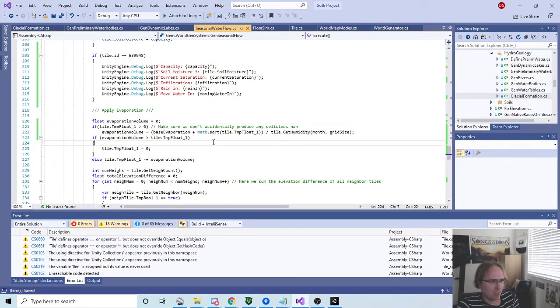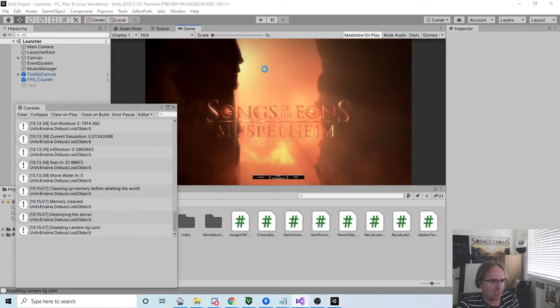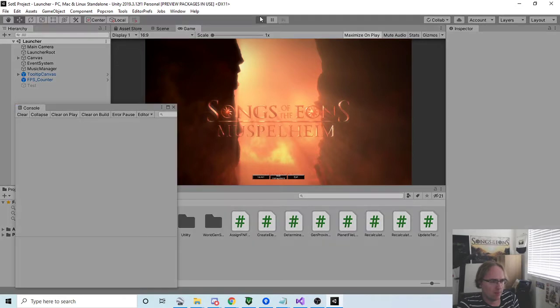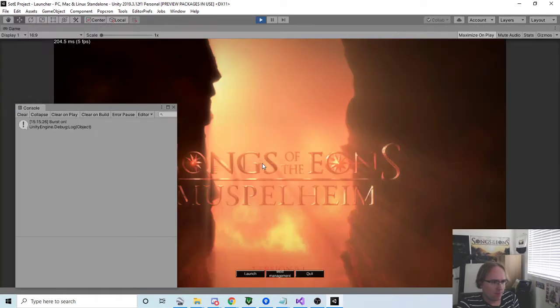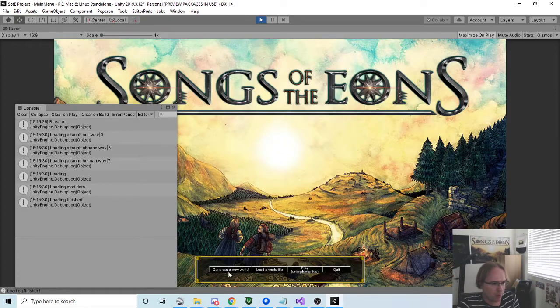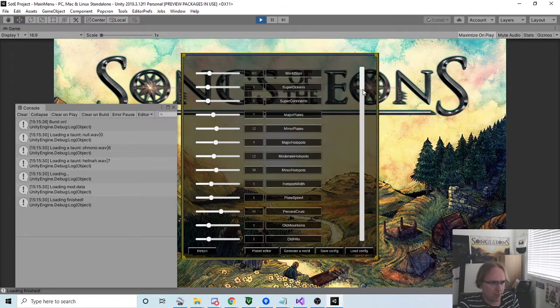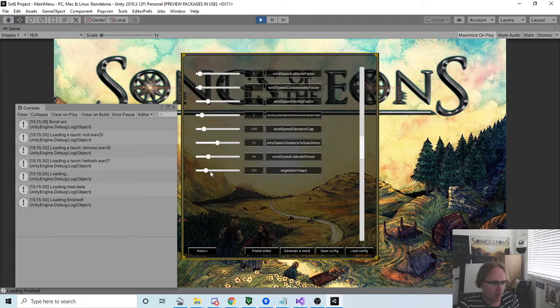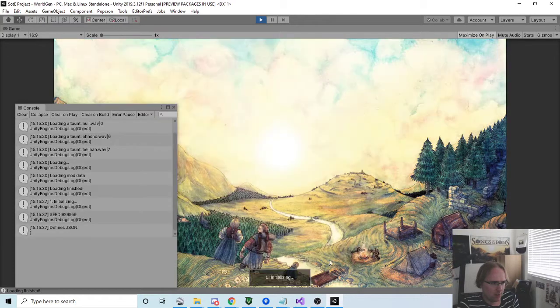Oh, that's embarrassing. Okay, so as far as I know, everything could still break at this point. Wonderful. At least I know where the problem is. Okay, let me just save the world again because I borked all the values.